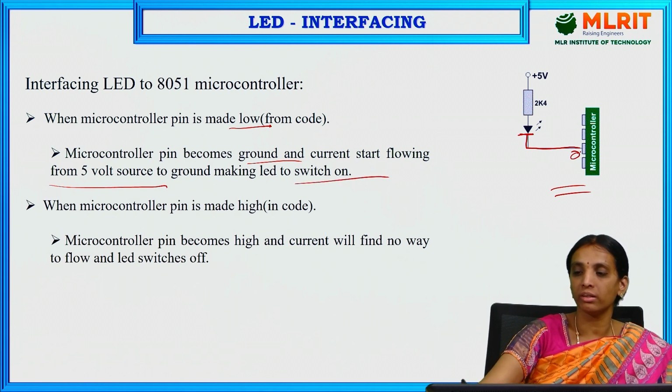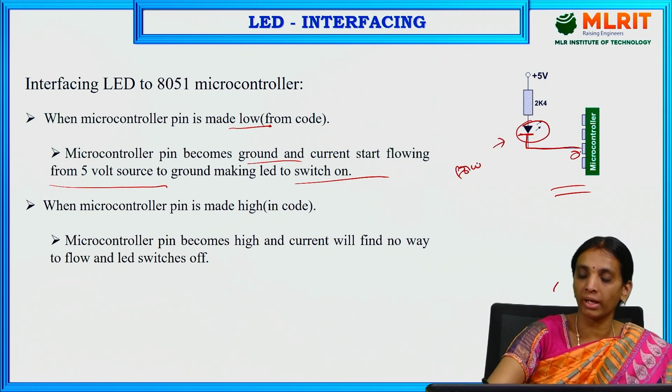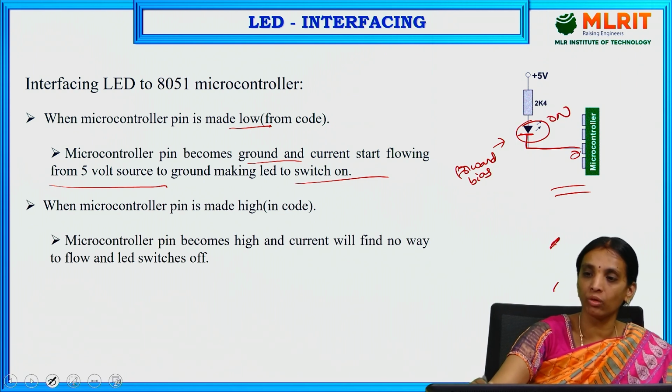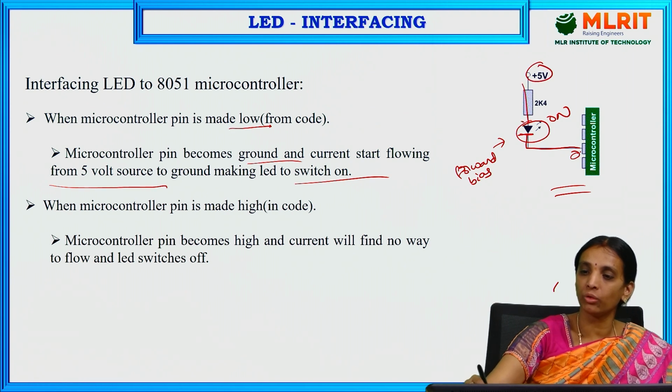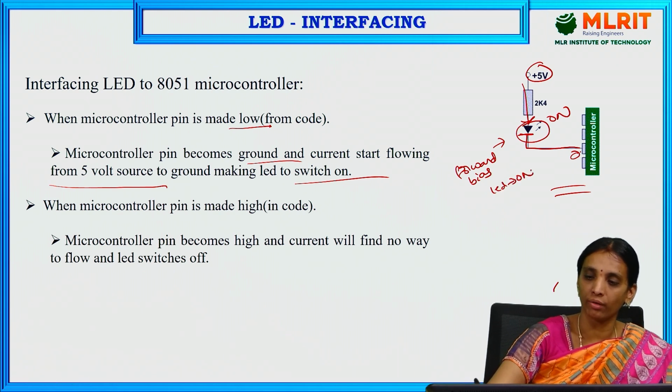This 0 is connected to the cathode of the diode, which moves the diode to forward bias, so the diode is in the on state. Therefore this 5 volts is given to the LED and the light glows, which makes the LED on.